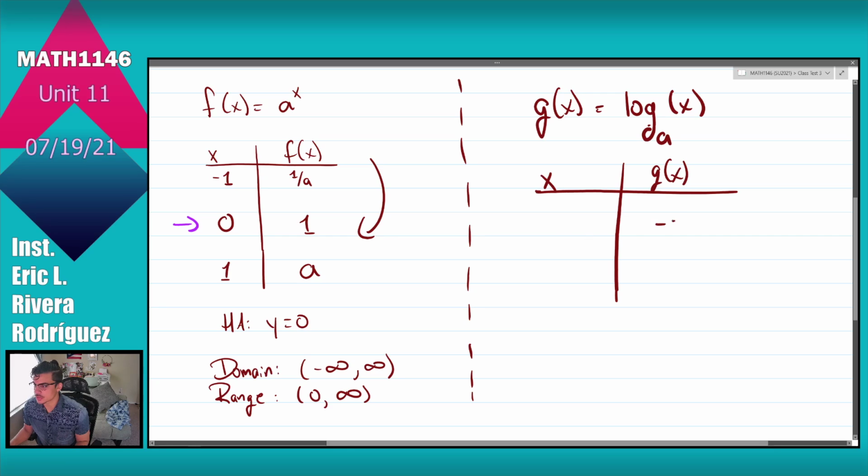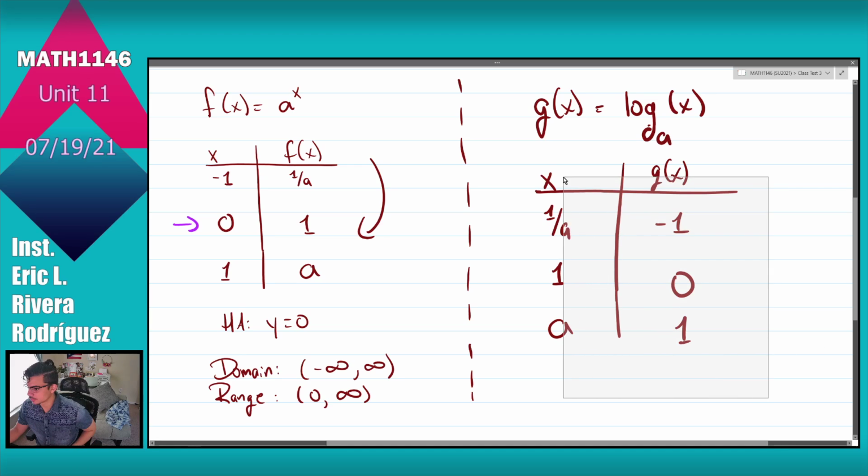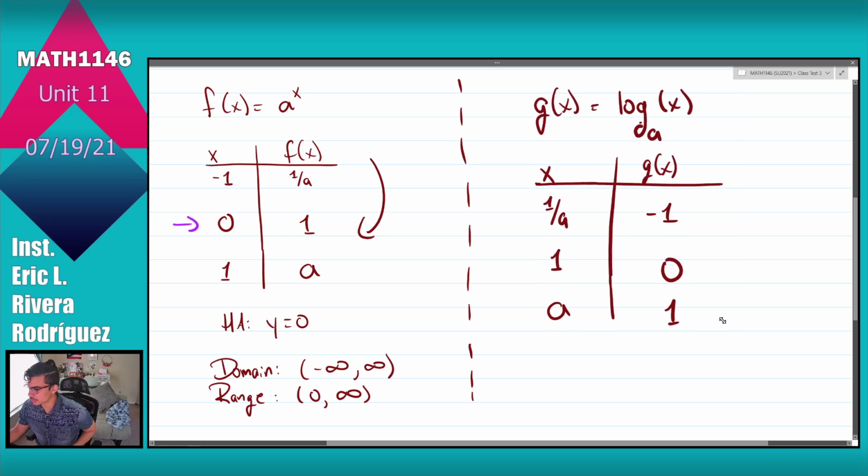So here I'm going to start with the y coordinates -1, 0, and 1, taken from the exponential function. Since log base a of x is the inverse of a raised to the power of x, the x coordinates are going to be 1 over a, 1, and a. Those are the key points.